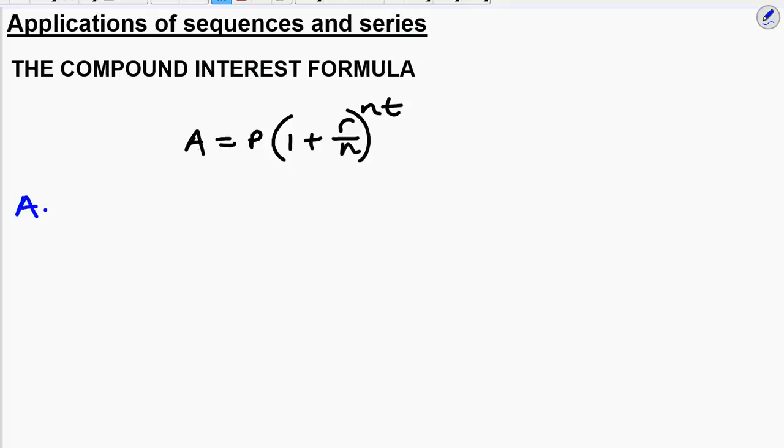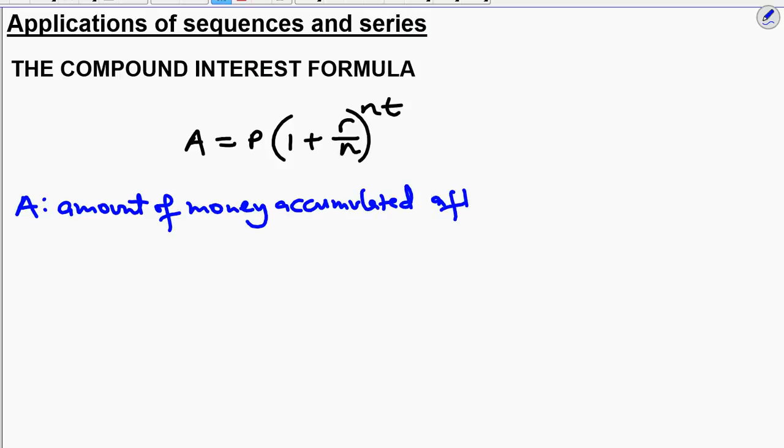A is the amount of money accumulated after n years. Now, this amount of money includes the interest.